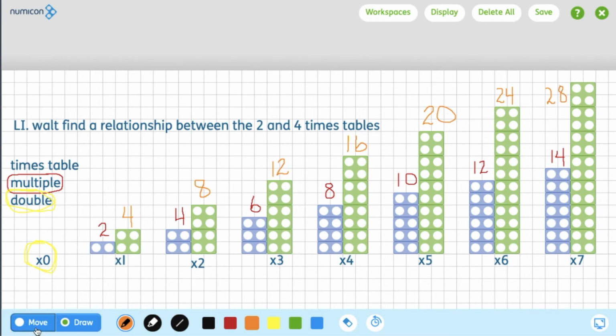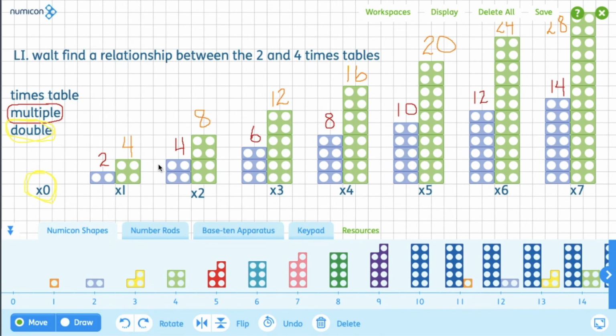Okay, so if we look again, we've got 4 times 1 is 4, 4 times 2 is 8, 4 times 3 is 12, 4 times 4 is 16, 4 times 5 is 20, 4 times 6 is 24, and 4 times 7 is 28. And all of those numbers are double what the 2 times table would be for the same multiple.